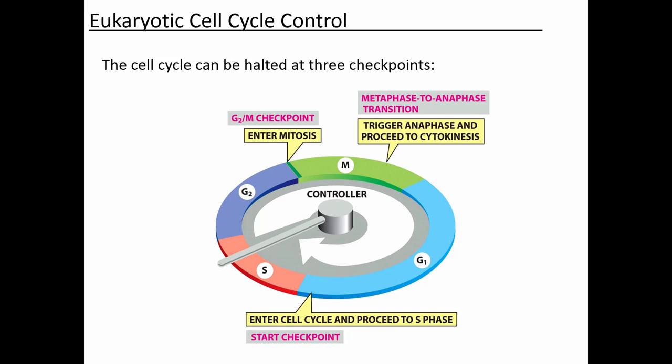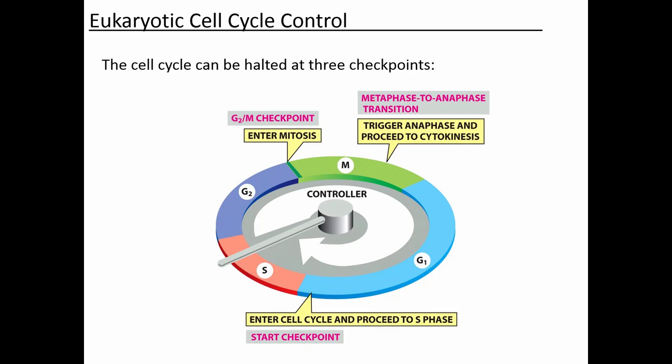Okay? And one thing that is involved in the cell cycle control system are these things called checkpoints. And we have to know three of them. So one you can see is called the start checkpoint, and that happens in G1.